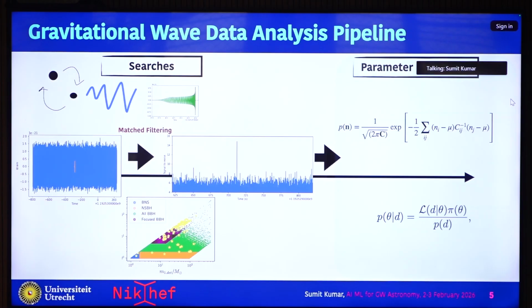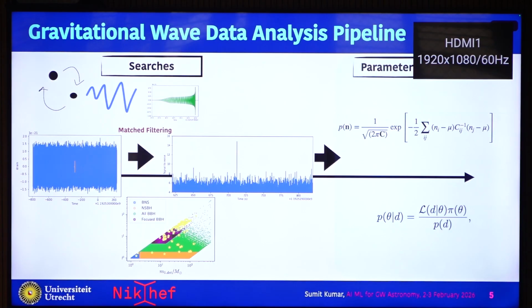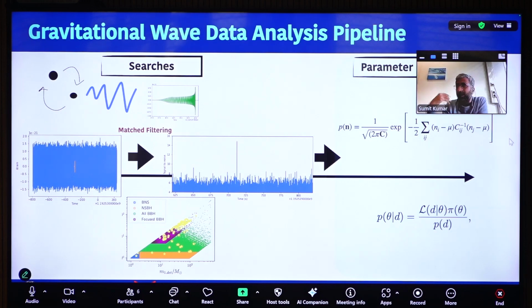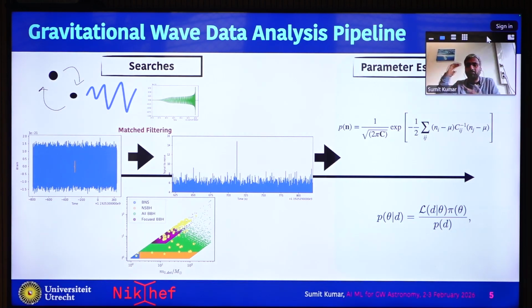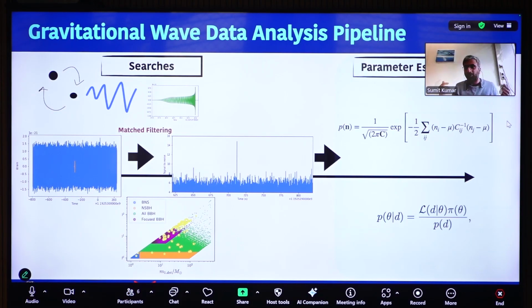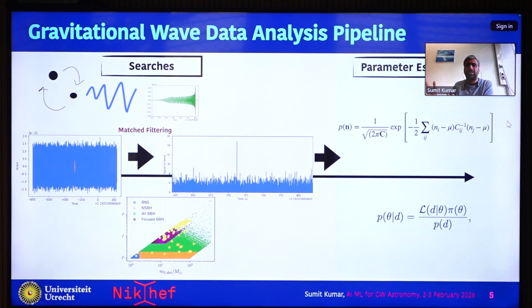The end product of the search pipeline is some sort of ranking of the triggers that we have in multiple detectors. These triggers are ranked according to whatever ranking statistic we choose, and the top few triggers that we are confident are, of course, gravitational wave triggers, we send to the parameter estimation pipeline, where we study them in detail and try to extract all the source properties like their masses, spins, or whatever.